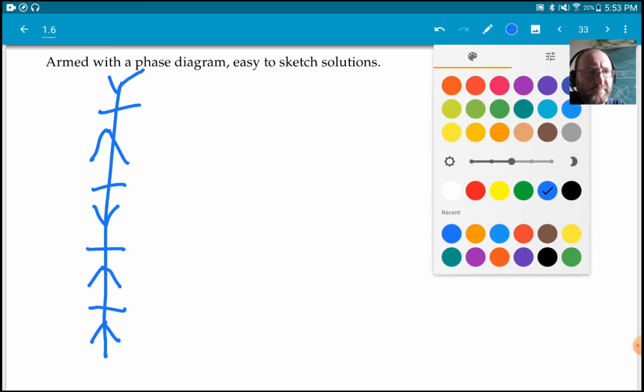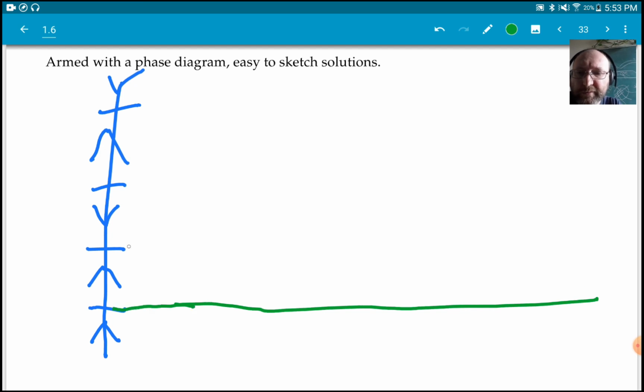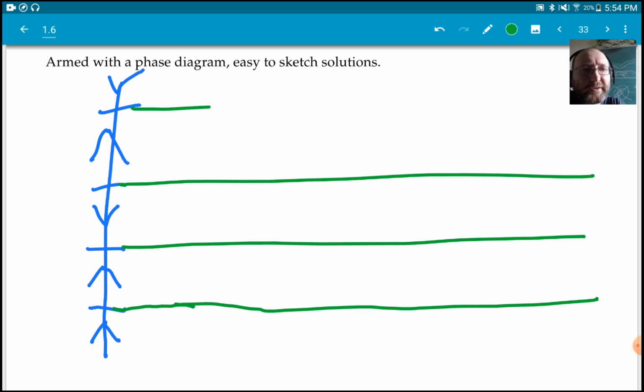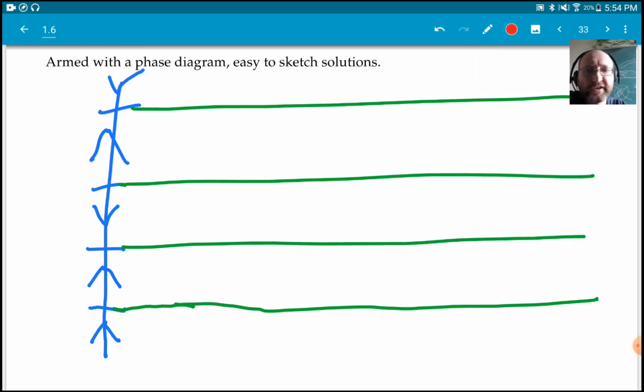Let's maybe change the color a little bit. So that's our x-axis. Then we have equilibrium solutions, and they are going to be exactly at the roots, right?